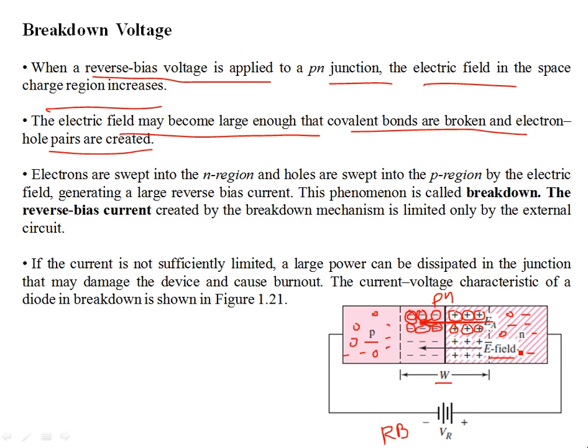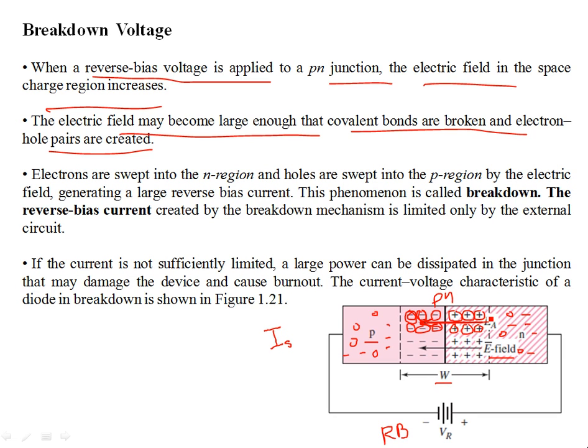So they start diffusing. There's a very small saturation current due to these minority carriers, and as you go on increasing the electric field, there is more widening of the depletion width, and the minority carriers may get enough energy that they start diffusing across the junction.